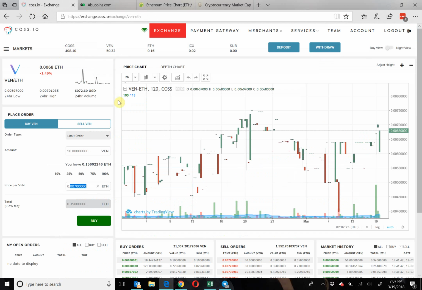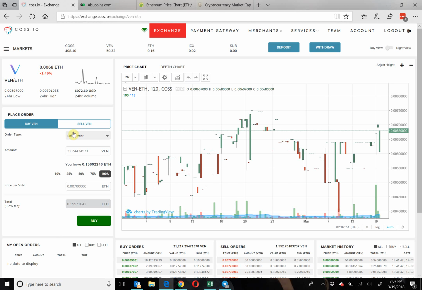So if I were to use the limit order, I would specify the amount, or in most cases you can actually just click on the full allotted balance of your Ethereum that you're doing a trade for, and it'll calculate the specific amount you'll be totaling out and able to purchase.